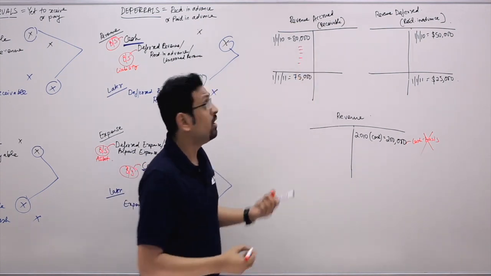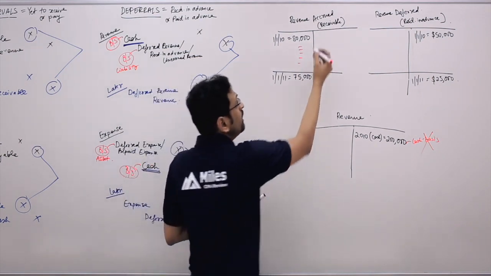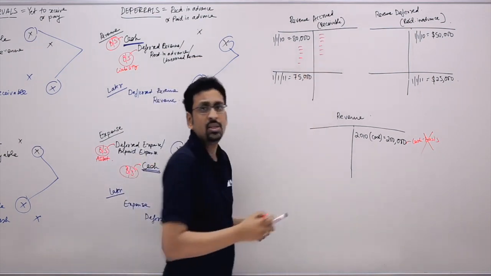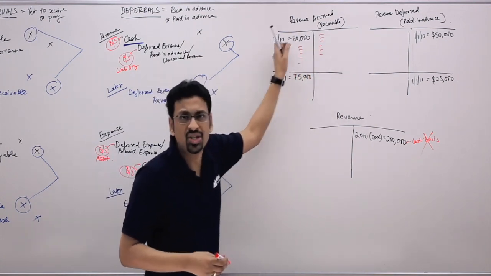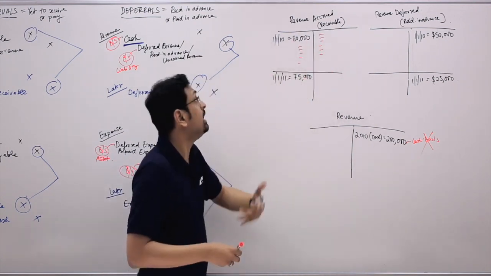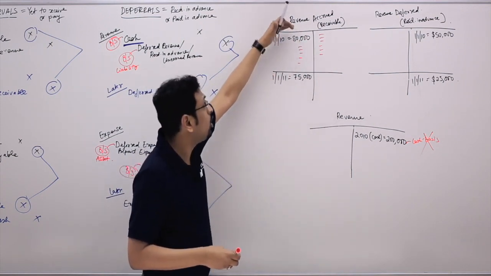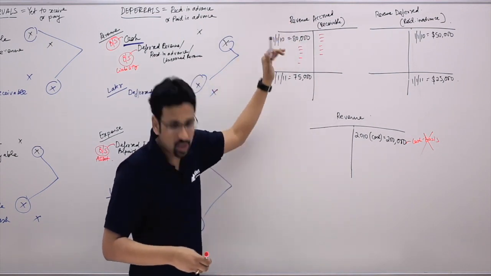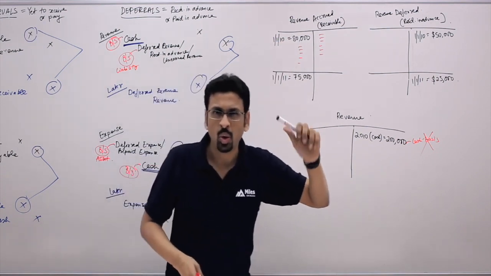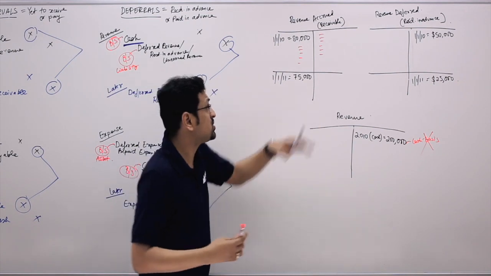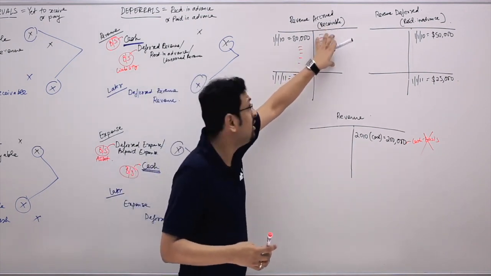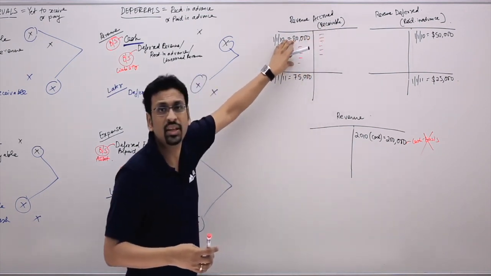When they received the cash, it would have decreased the amount of receivables. And the net effect of all these multiple transactions is basically the receivable got reduced from $80,000 to $75,000. What it means is they received more cash, this part was a little more than the service that they have rendered.